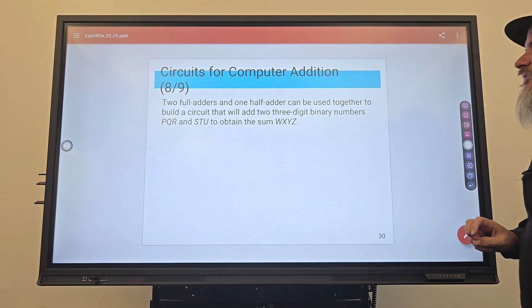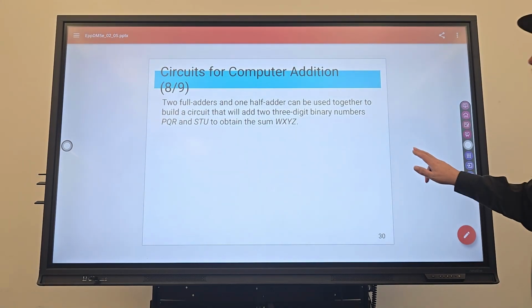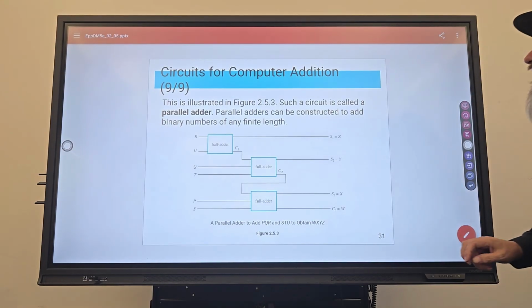So two full adders and one half adder can be used to build a circuit that will add two three-digit binary numbers, PQR and STU, to obtain the sum WXYZ. This is illustrated in this figure here.